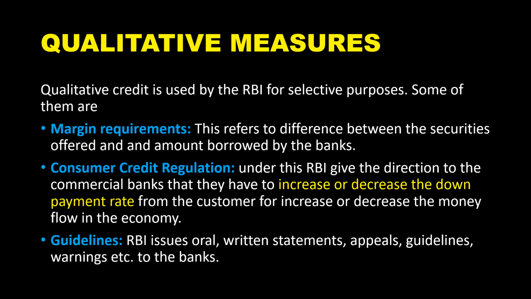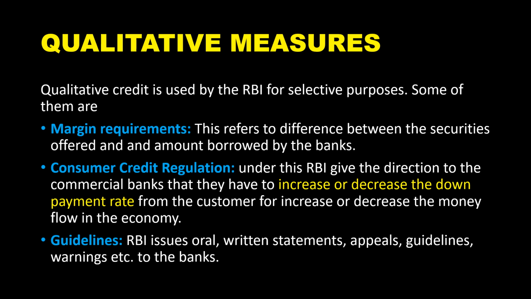If they pledge some 1 crore rupees of securities with the RBI, they will say 65% is margin. That means only 35% you will get as loan. If they pledge 100 crores worth of securities, they will get only a 35 crore loan. For that we call margin requirements. It is all just to control the money.